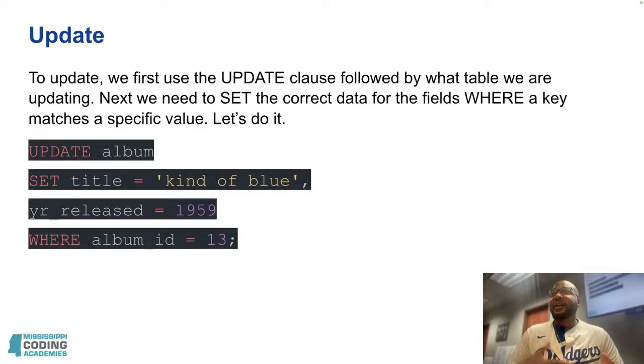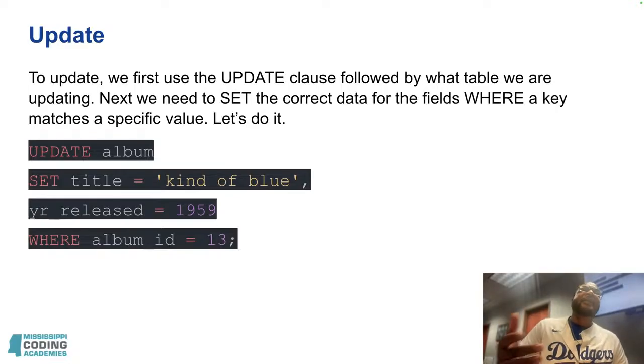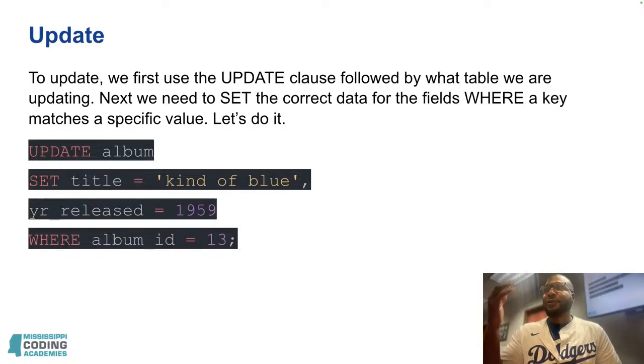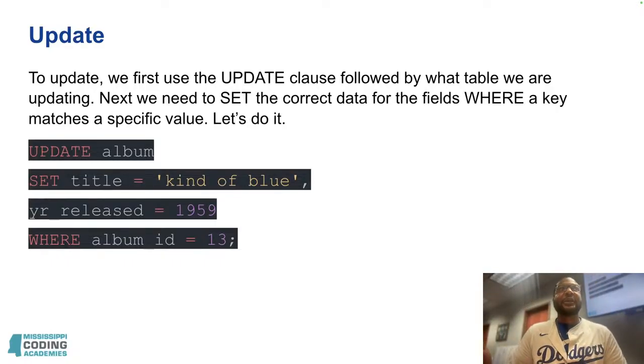Okay, so we're going to say update, and then what table we're updating. And then we need to set this field to the correct value. And then we say where some unique identifier.